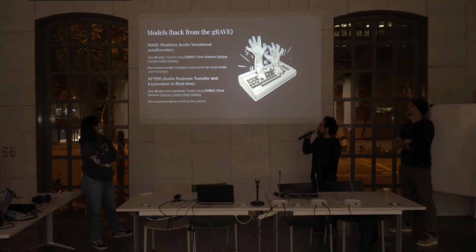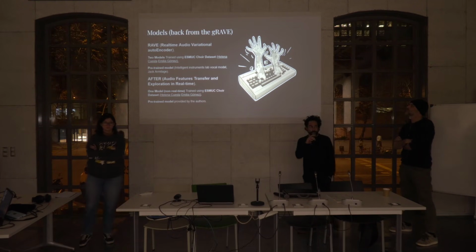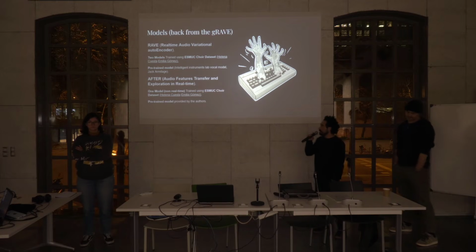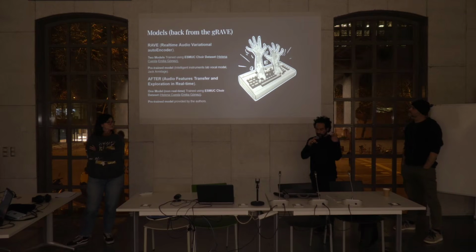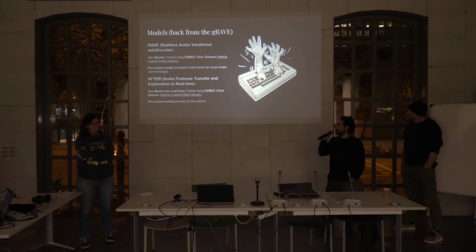We also used a pre-trained model from Jack Armitage from the Intelligent Instruments Lab in Reykjavik. For the different sounds we use different models, like an under-trained model for the noisiest part and a better trained model for the most precise part. So we were able to select the timbre that we were working with.